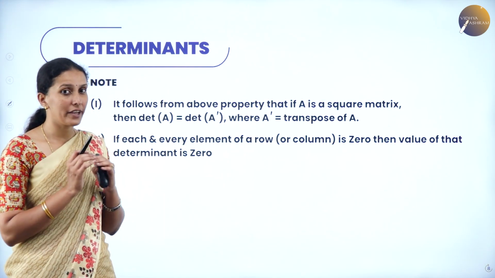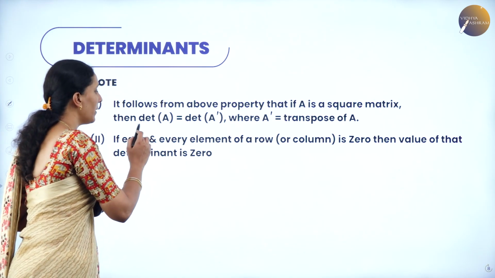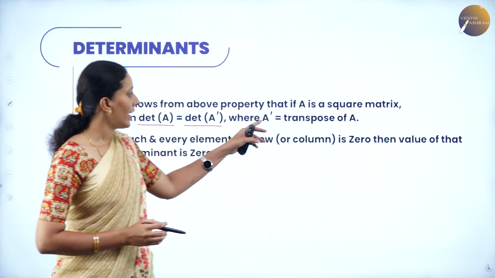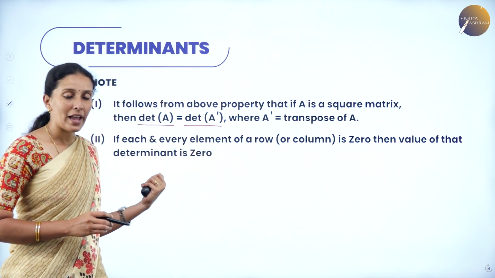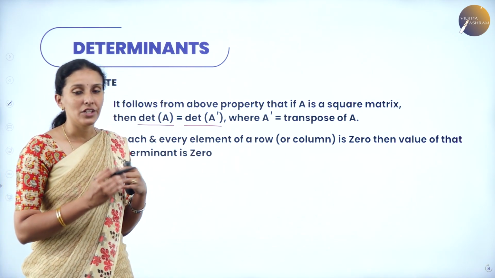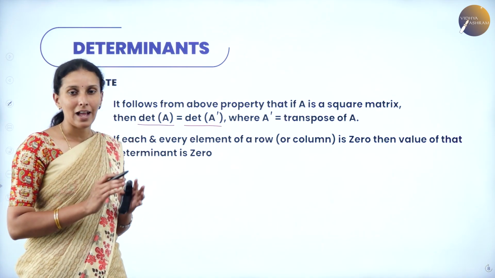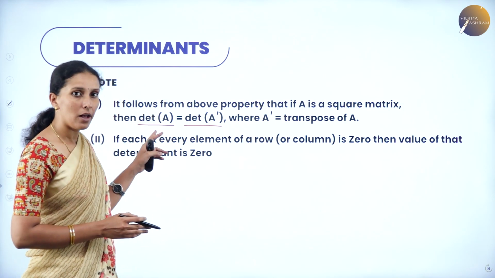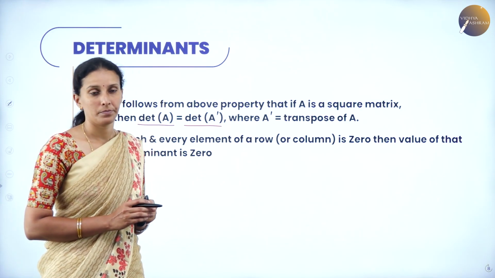So therefore, here we can note that if A is a square matrix, then determinant A is equal to determinant of A transpose, where A transpose, A dash, is called the transpose of A. As we have proved previously, if you change the rows into columns or columns into rows, the order and the value of the determinant does not change.